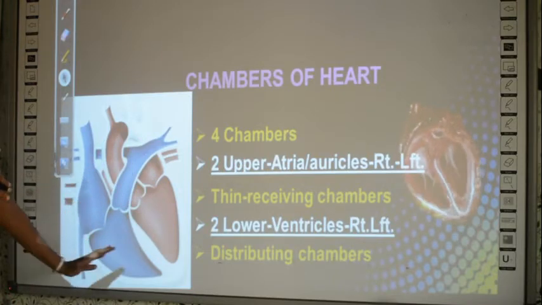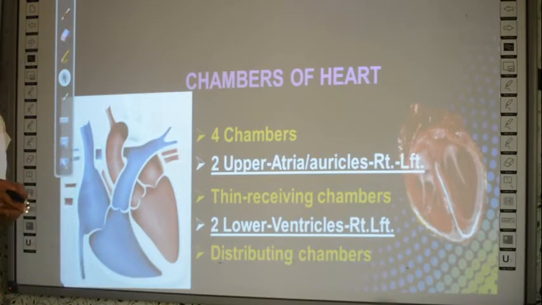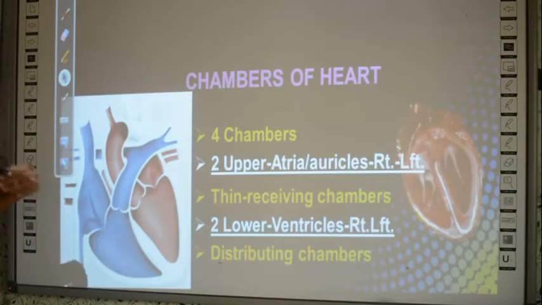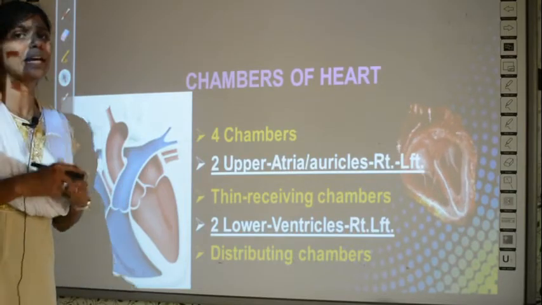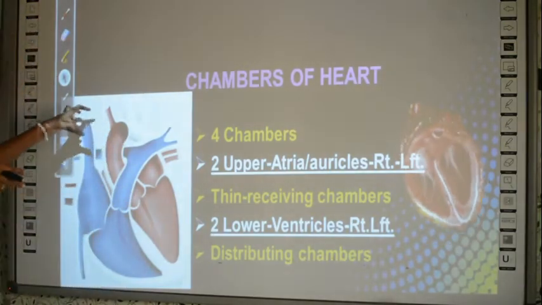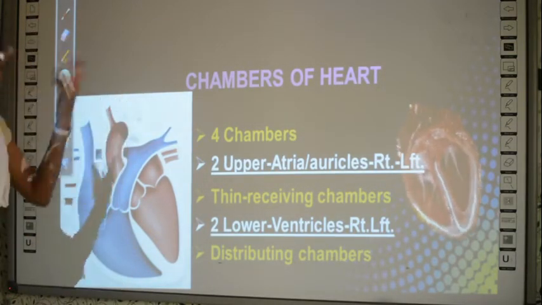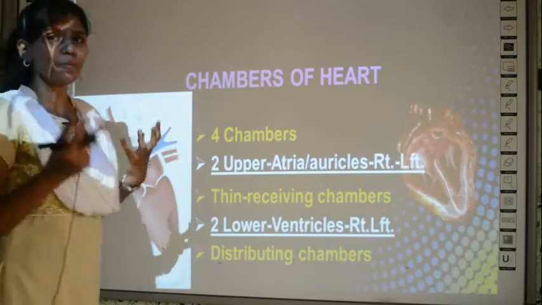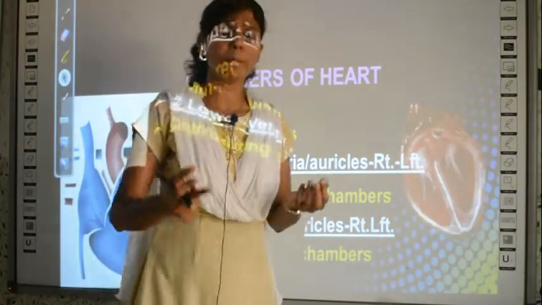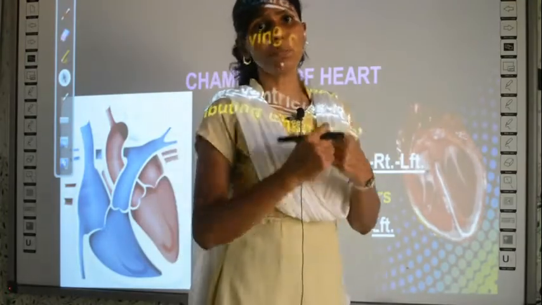Thin and thick. Why are they thick? Because I told you this is distributing, no? It is going to give blood to all parts of the body. This will receive blood from all parts of the body. These 2 will give the blood to all parts of the body. When they distribute the blood to all parts of the body, it has to be with high pressure.